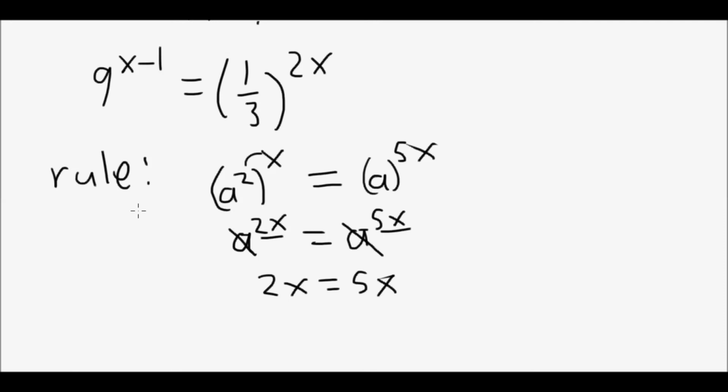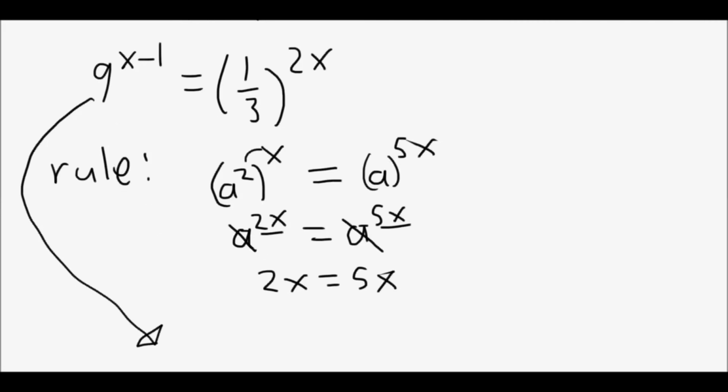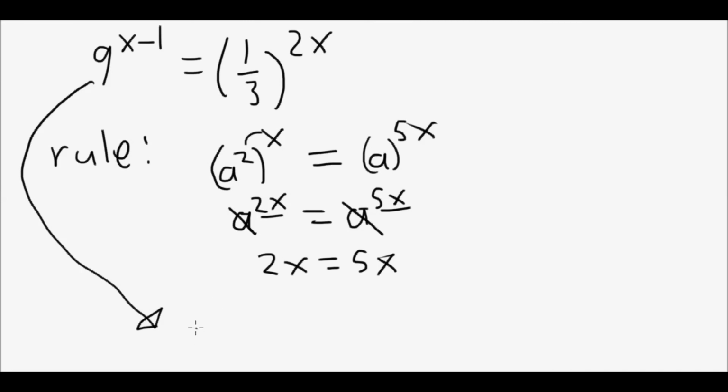So using this rule, hopefully I made that a bit clear, we'll just use that rule over here. What's the square root of 9? That's just 3. So 9 is the exact same as 3 to the power of 2, and then following along, x to the power of 1.